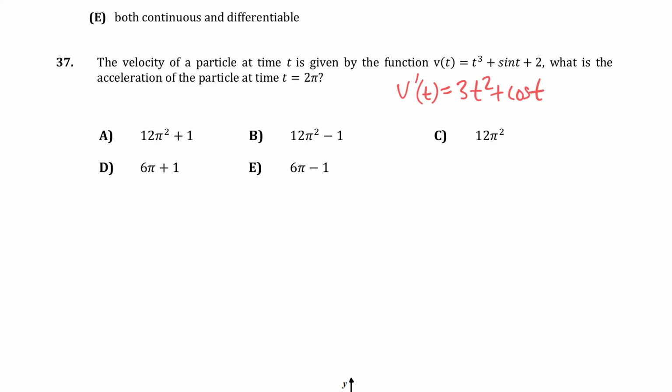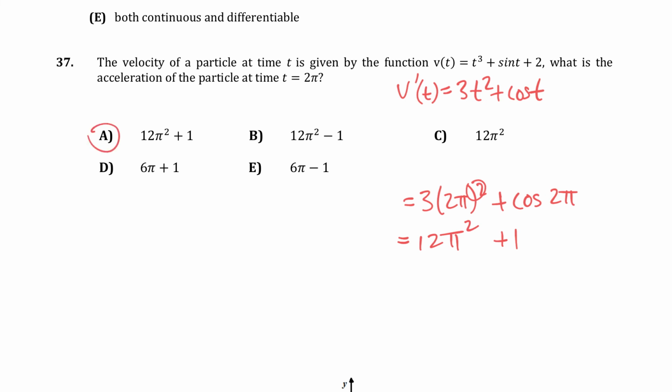And then when t is 2 pi, so 3 times 2 pi squared plus cosine of 2 pi. Cosine of 2 pi is just 1. And then this is 4 times 3, which is 12 pi, plus 1. And it's squared, right? Because that's a little squared right there. So 12 pi squared plus 1, and yeah, there it is.